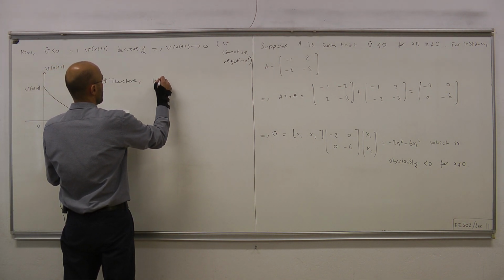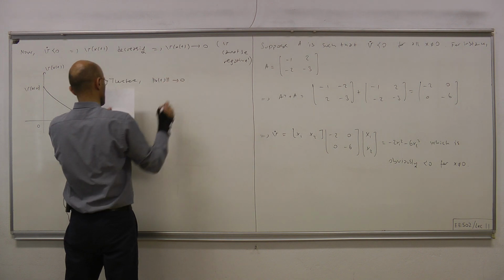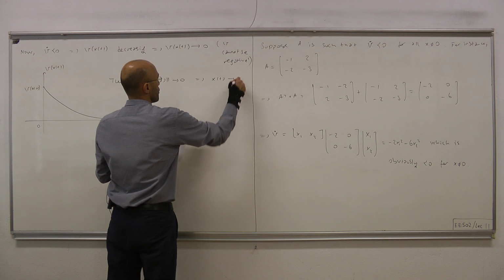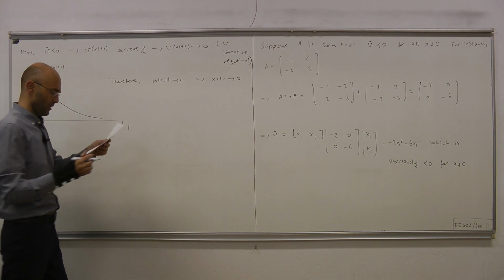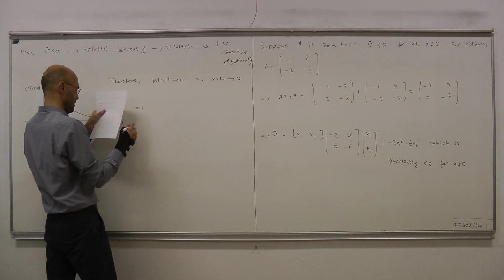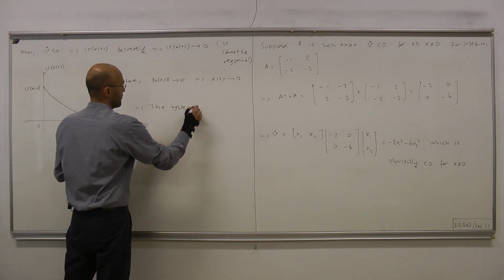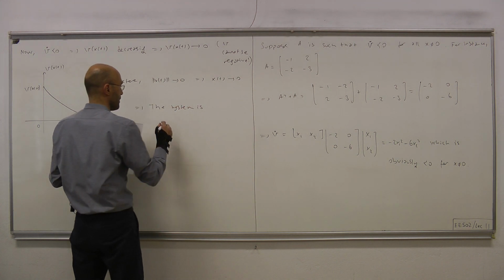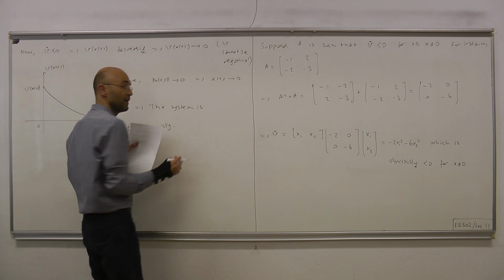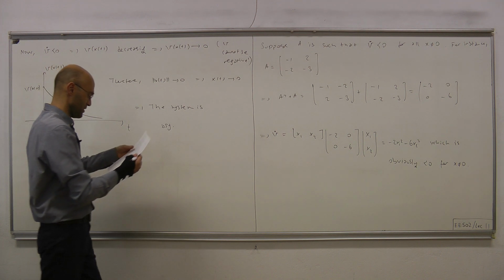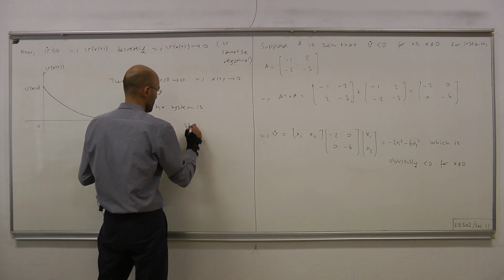Therefore, x of t is going to the origin, and then by definition the system is asymptotically or exponentially, because they are equivalent for an LTI system, stable.